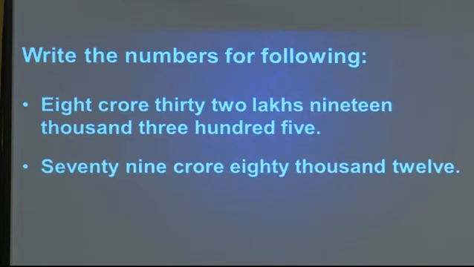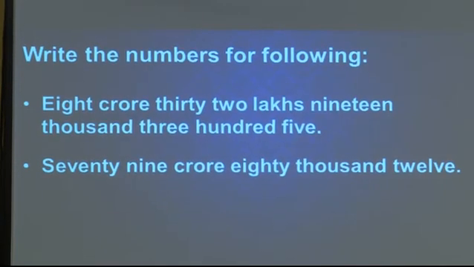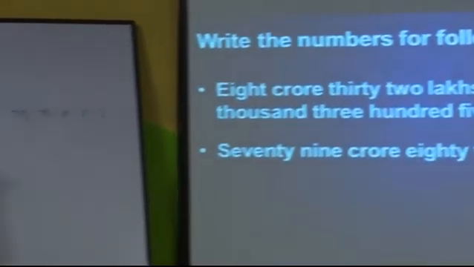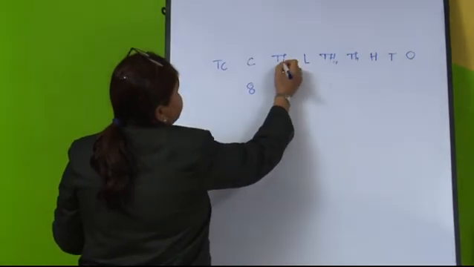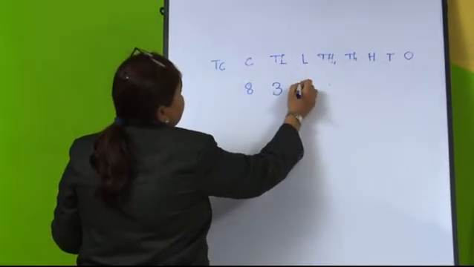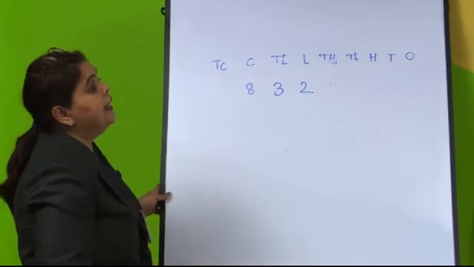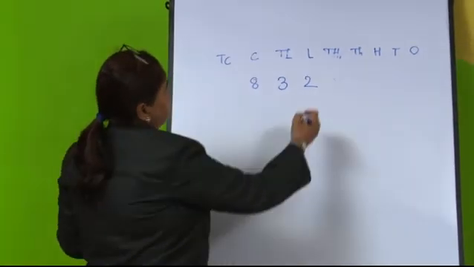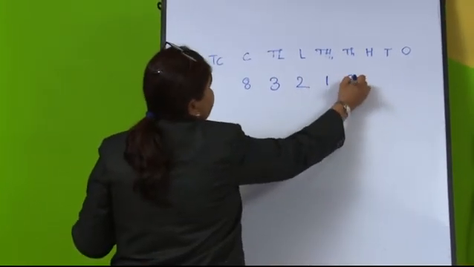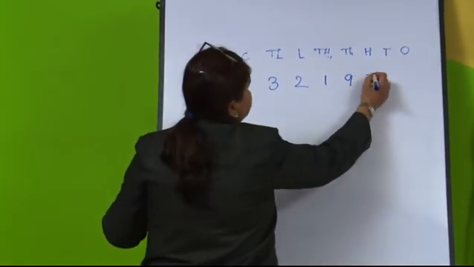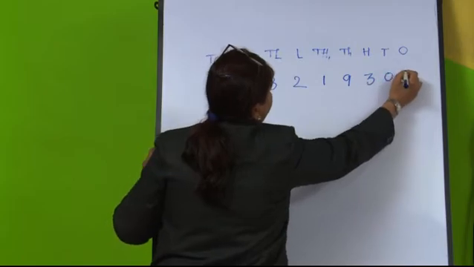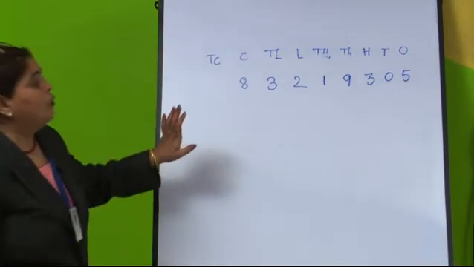Here, 8 crores means I have only 8 crores, so under the crores it will be 8. 32 lakhs: I have 32 lakhs, which will go under the lakhs. 32 lakhs 19,305. So I have written 19, then 305.